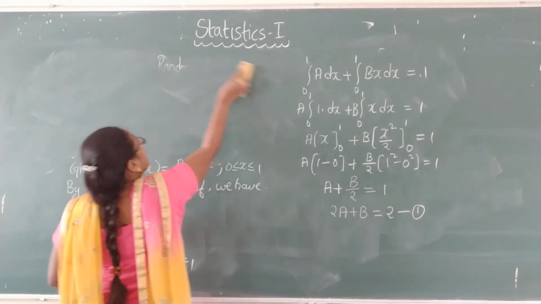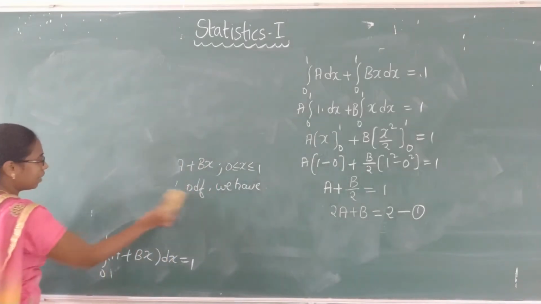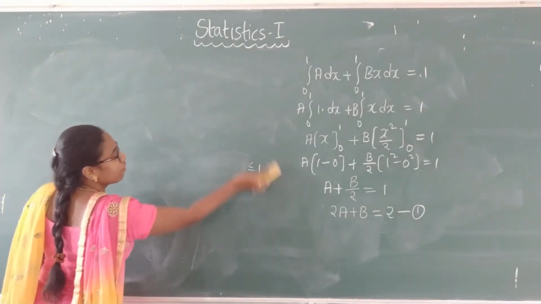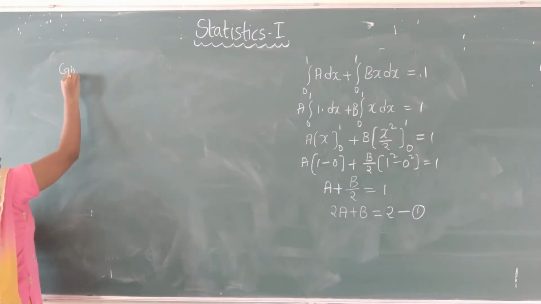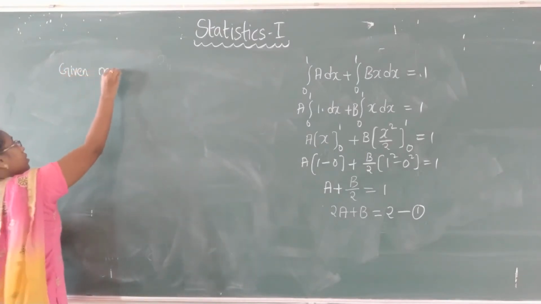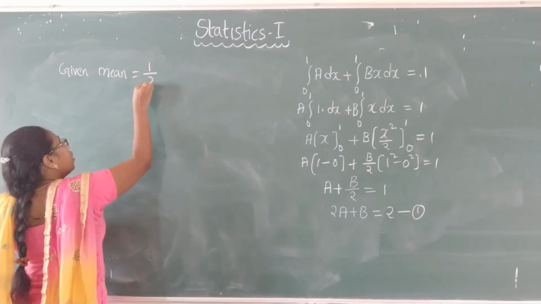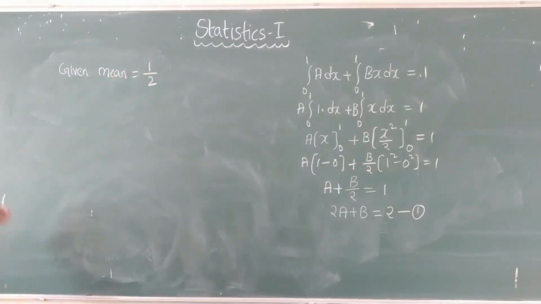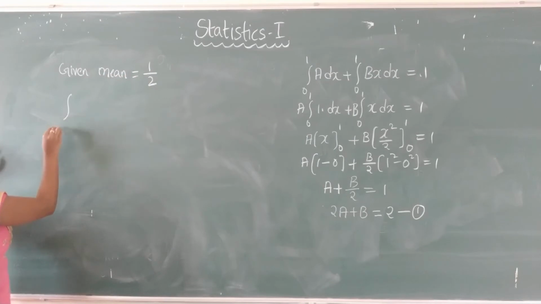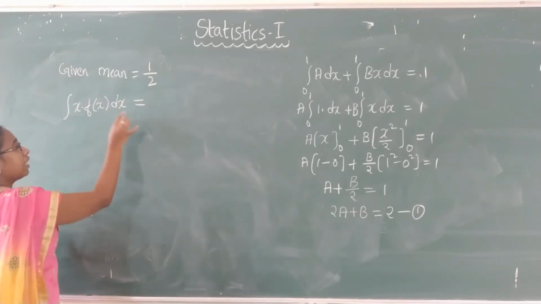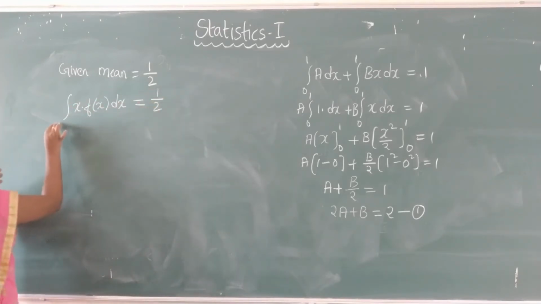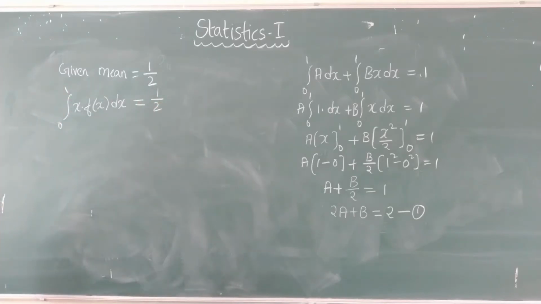Remember the mean formula. What is the mean formula? Integral of x into f of x dx. Given mean equals 1 by 2. Generally the mean formula is integral x into f of x dx, and this mean equals 1 by 2 within the limits 0 to 1.